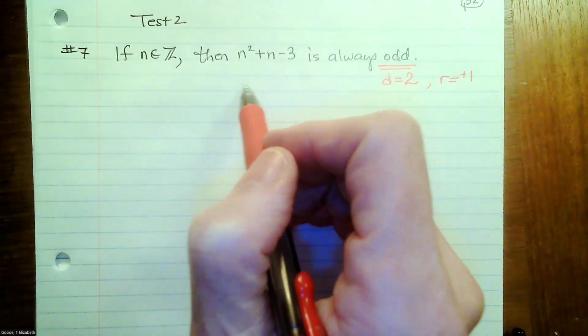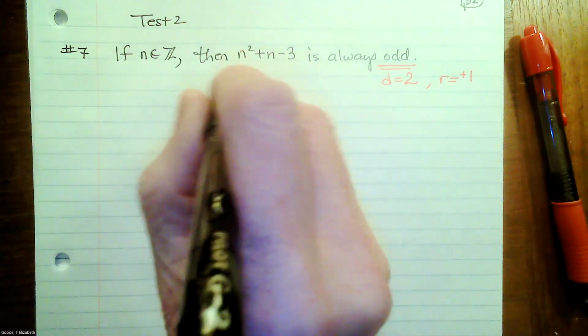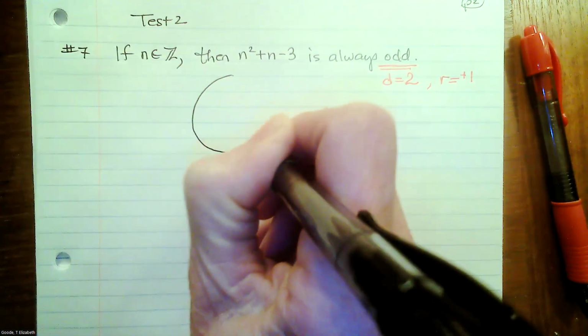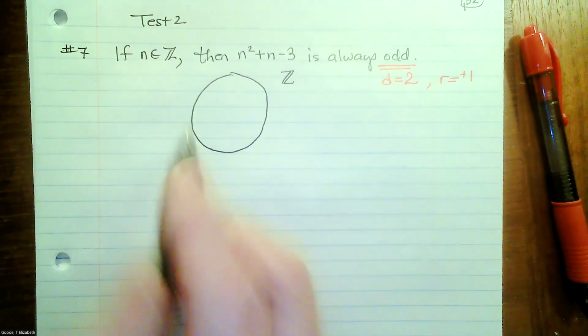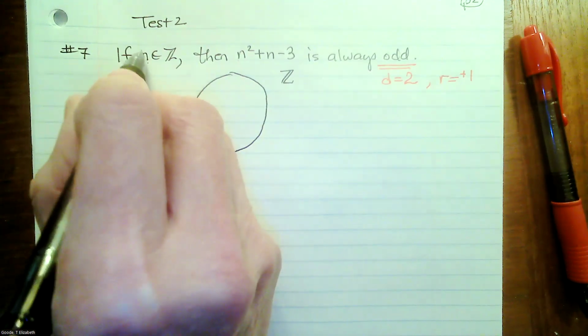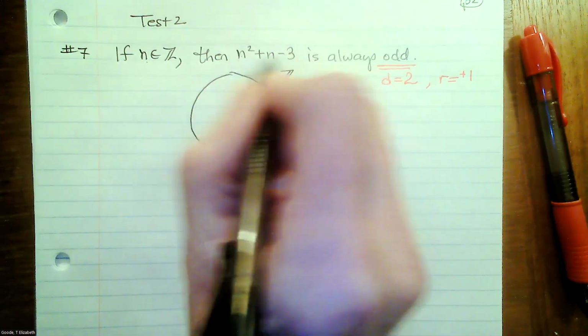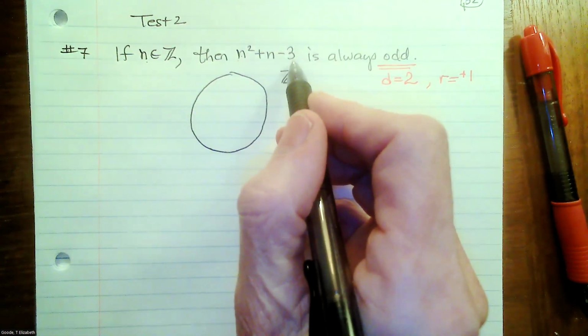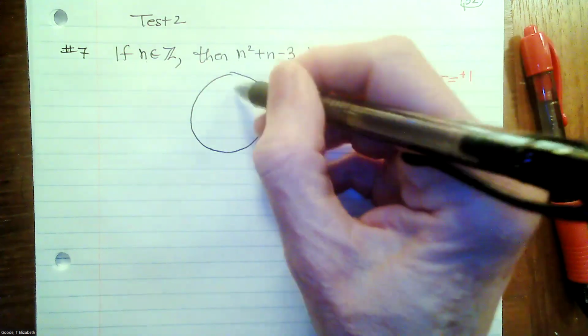And by introducing proof by cases, we know for a fact that n squared plus n minus 3 is an integer. It's in Z, right? Because n is in Z, and this is just an expression involving operations under which Z is closed: multiplication, addition, subtraction.